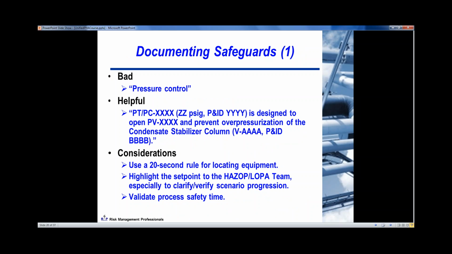There are a number of software packages that have type-ahead features. When you're very disciplined about starting with a tag number, versus starting with something like "pressure control valve XXXX opens" and spelling it all out, the type-ahead menu may give you a few dozen possibilities.